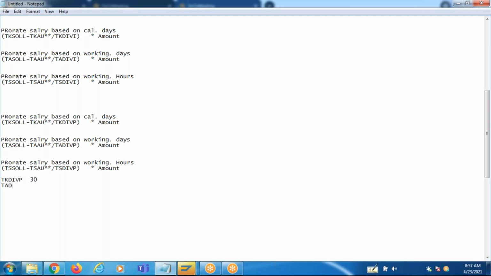When I say TA DAVP, it is always 22, irrespective of the month. TS DAVP, it is always 22 into 8. You understood? So these are average calendar days, average working days, average working hours formulas.